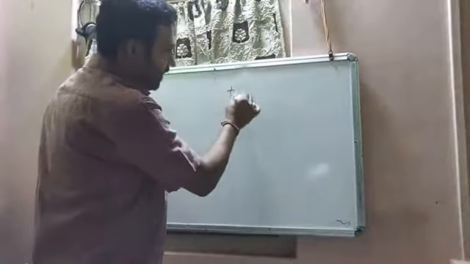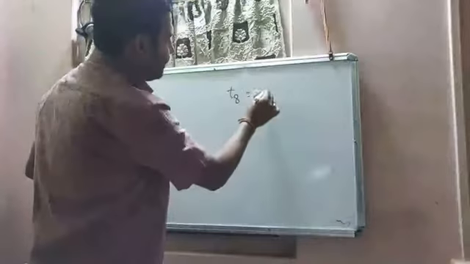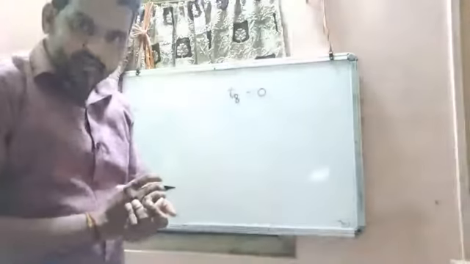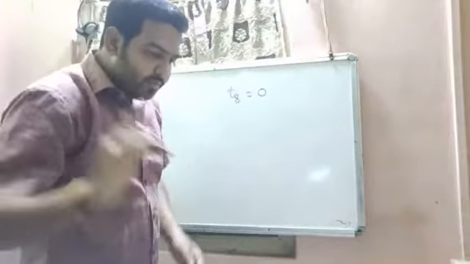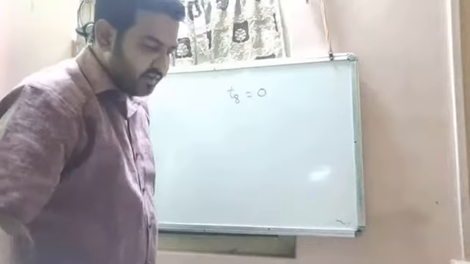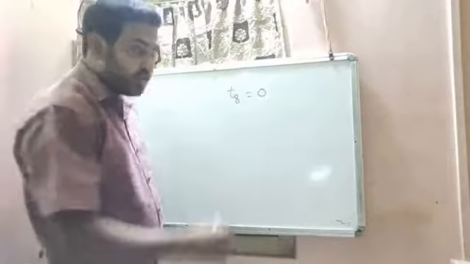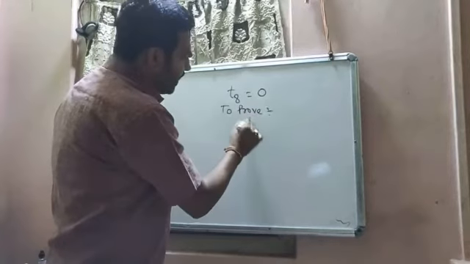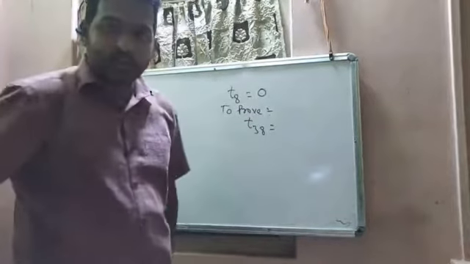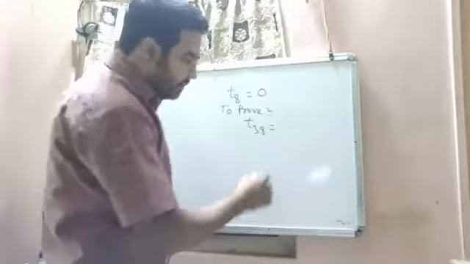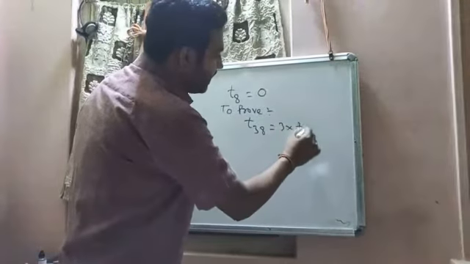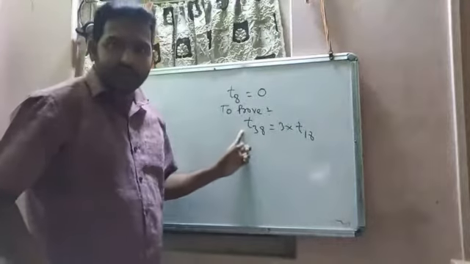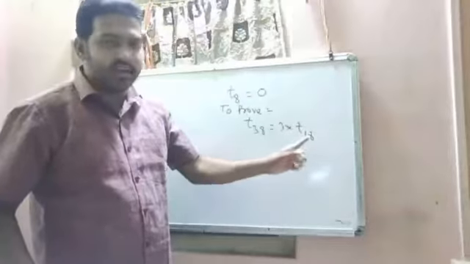The 8th term of an AP is given as 0. We have to prove that the 38th term is triple its 18th term. To prove: T38, the 38th term, is triple its 18th term.